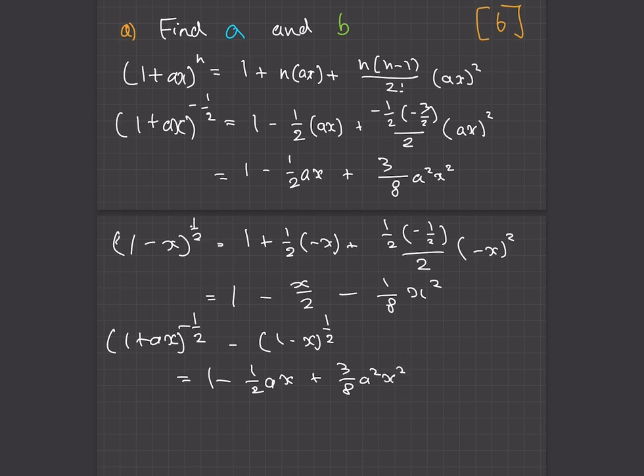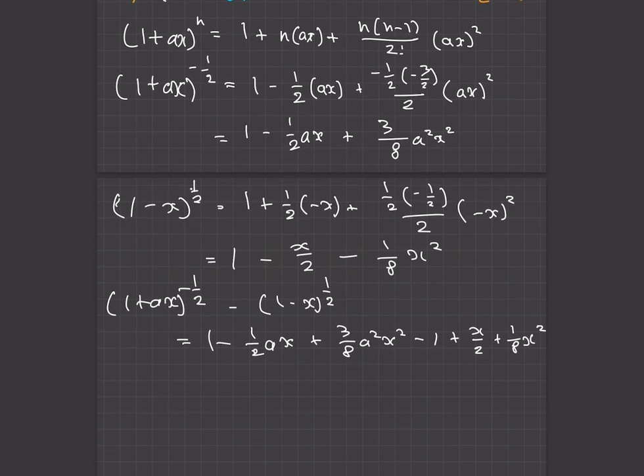And then because we're subtracting this one, we're going to get minus 1, and then we're subtracting this whole thing, so minus 1, but then minus is going to give us plus x over 2, plus 1 over 8 x squared. Okay? Because we're subtracting this whole thing. The minus is negative, but these become positive. So that means that this is our final expansion.